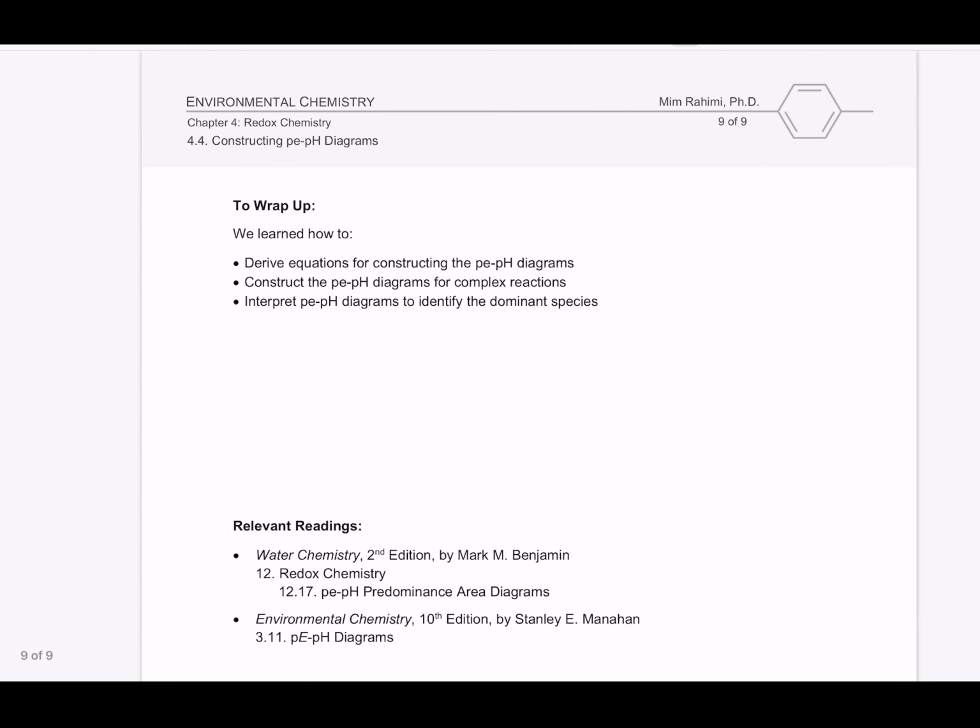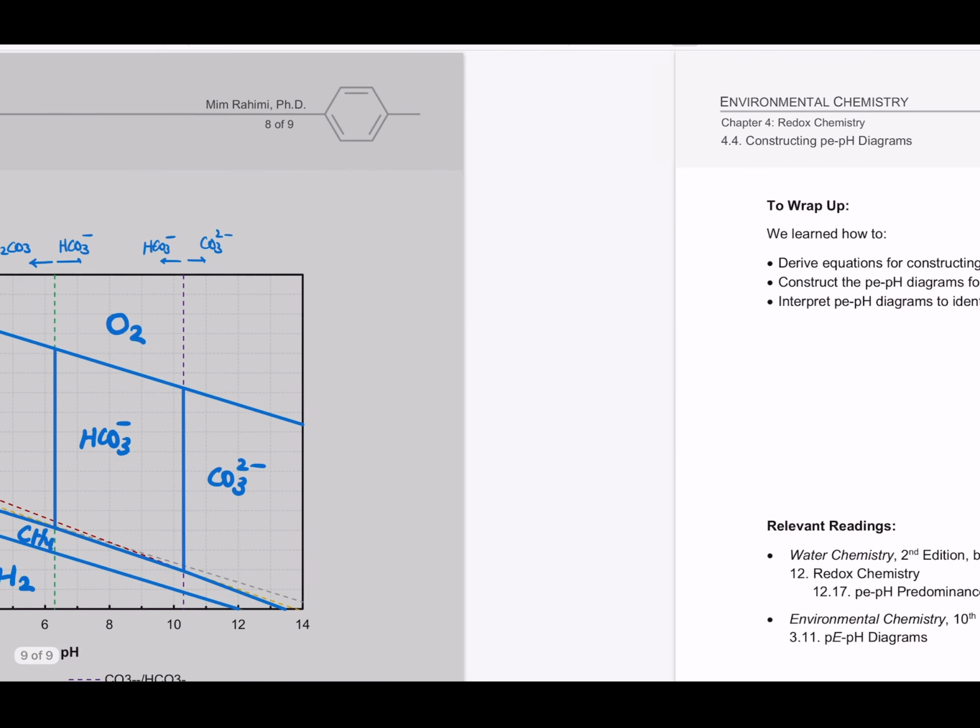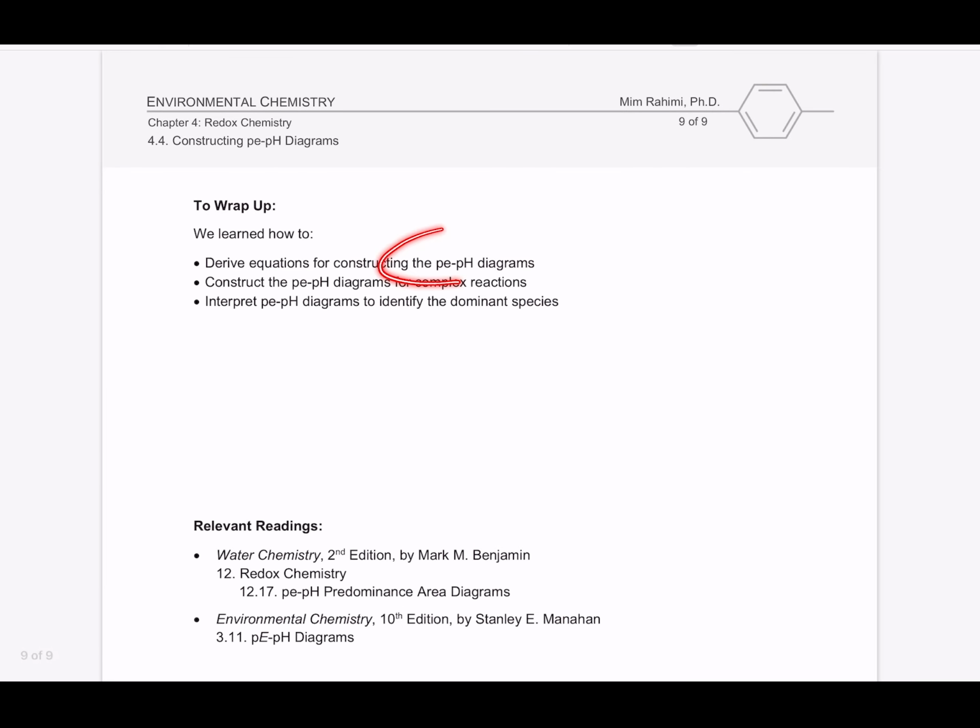So to wrap up what we talked about: some equations for the line. We had a procedure for how to construct the pe-pH diagram, specifically how to erase the part of the line that doesn't make sense, and interpret the information of what is the dominant species.